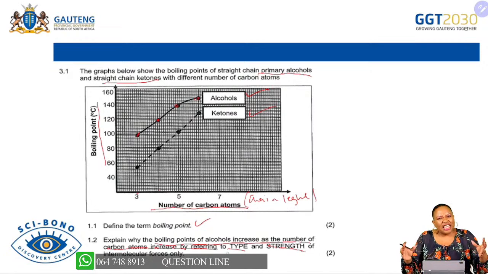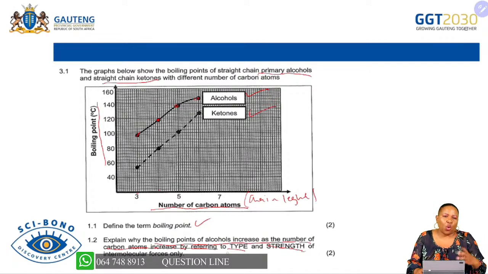As the chain length increases, the London forces of this specific alcohol also increase, making the boiling point of this alcohol higher. So the longer the chain, the stronger the intermolecular forces, the higher the boiling point, because the London forces and the hydrogen bonds increase as the number of carbons increases, because we know the type of intermolecular forces that alcohols have.